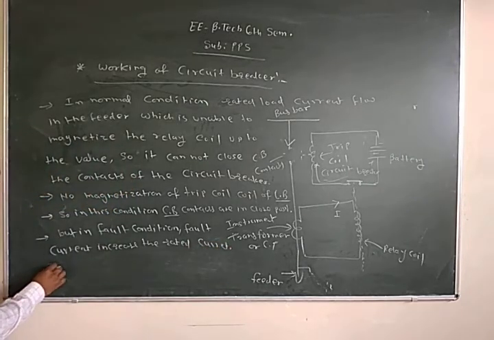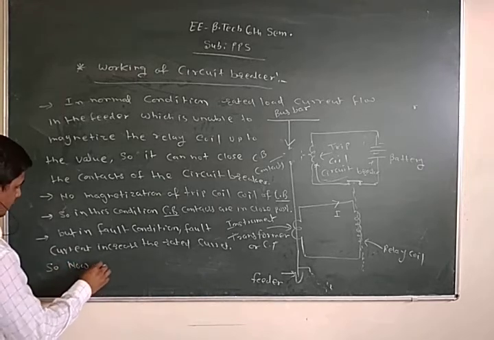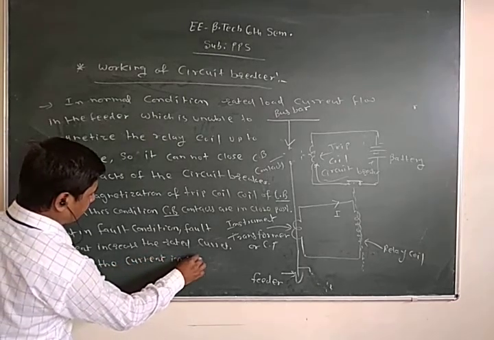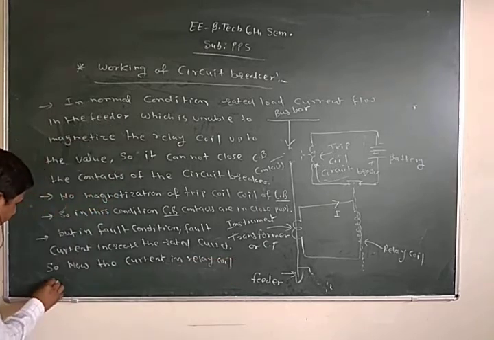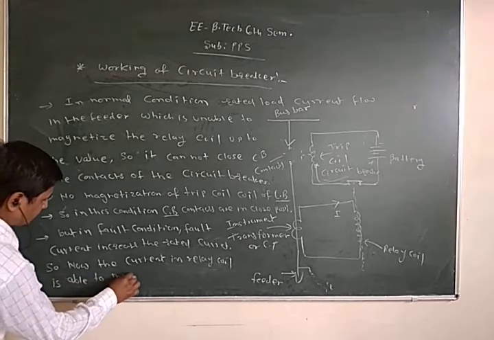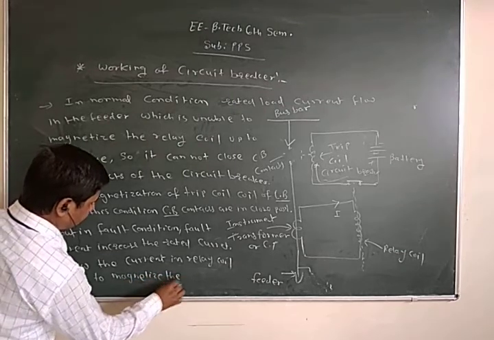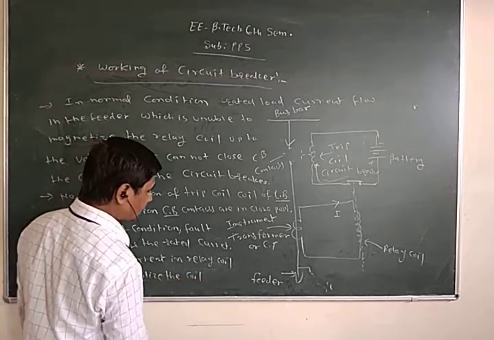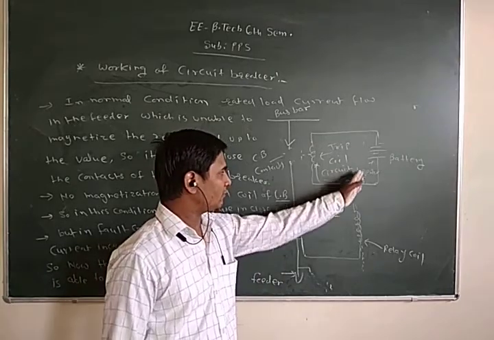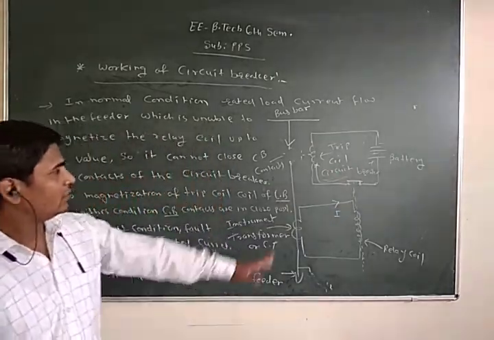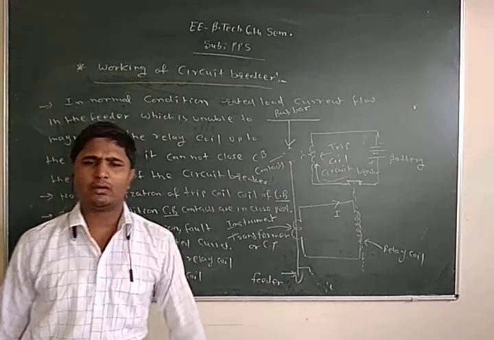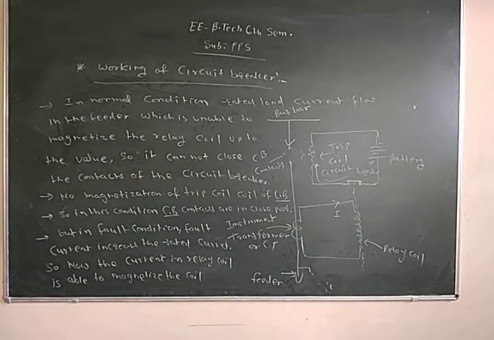So now the current in the relay coil is able to magnetize the coil, so that the contacts close and the circuit becomes complete, due to which the tripping coil of the circuit breaker is magnetized and the contacts of the circuit breaker open. This is the complete working of the circuit breaker.